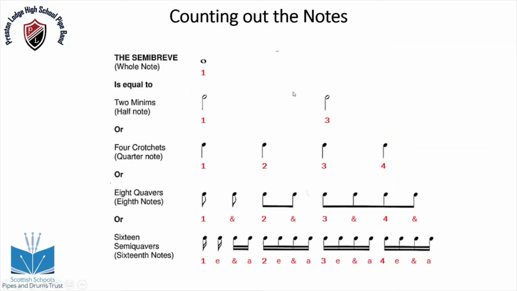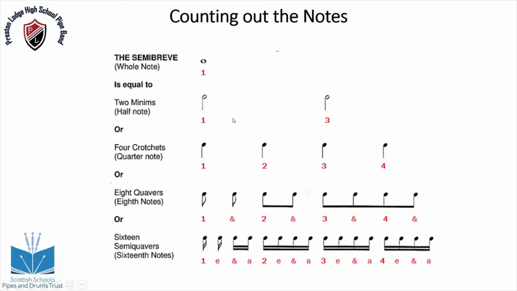And when we count out the notes, for those who have done counting exercises, whenever you're doing a crotchet, remember we're thinking back to our counting as we play. The crotchet's always going to be the number, so you've got 1, 2, 3, 4. If you're counting the minims, you're just stretching it.